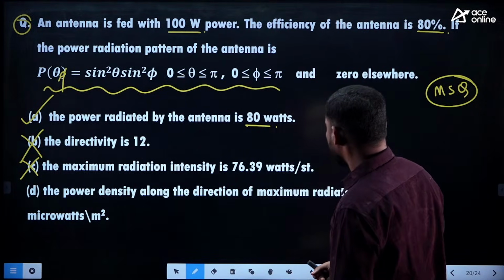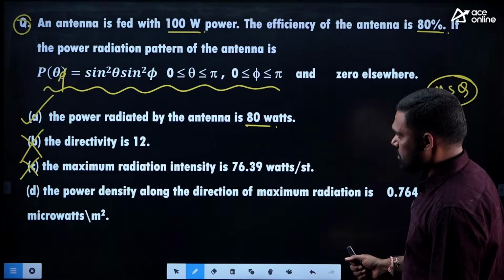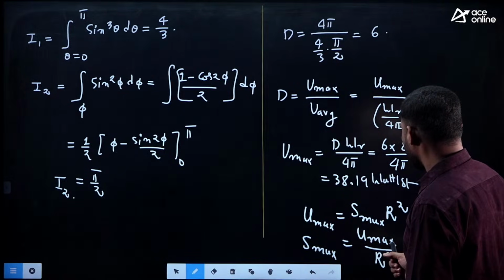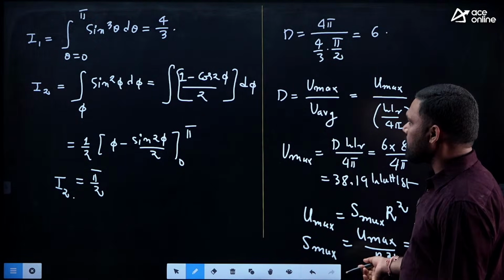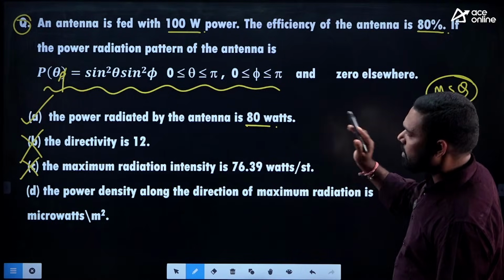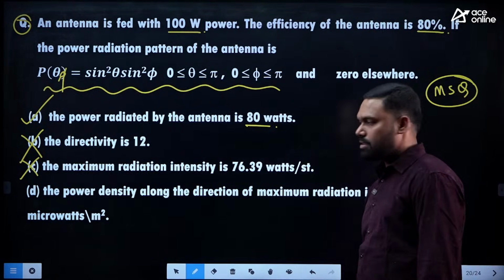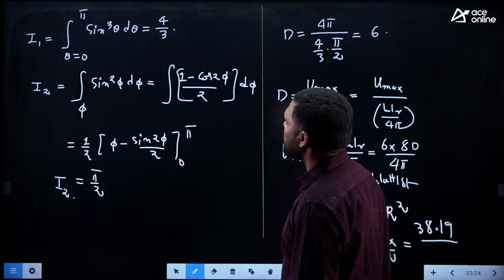Distance is not given in the question. Why? Because we need a distance to find out the intensity. So the data given is insufficient. So you cannot comment anything on that. So you can comment only on option A. Okay, fine. Anyhow, let us proceed further.